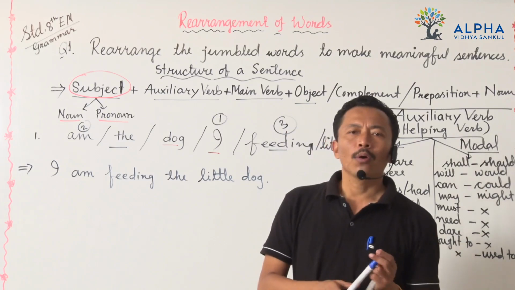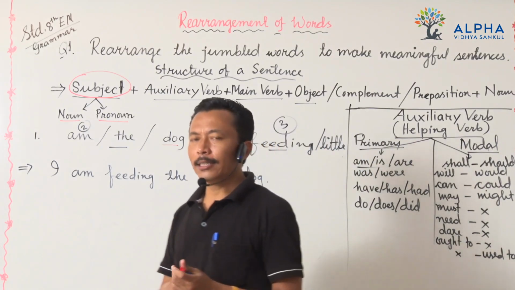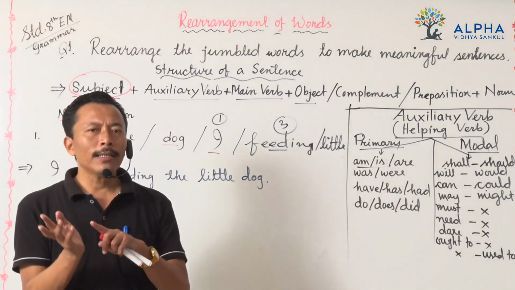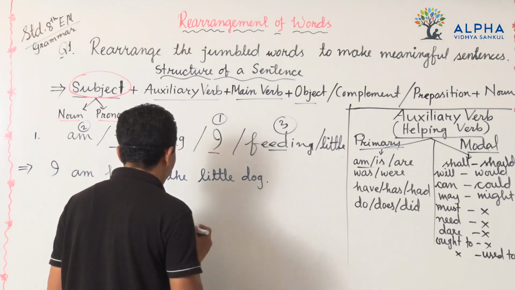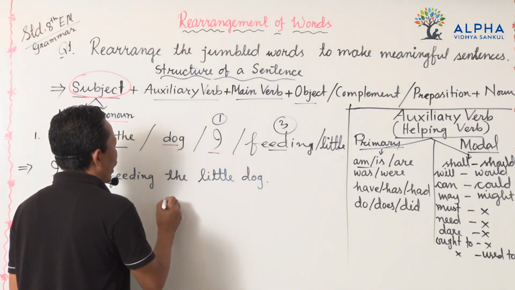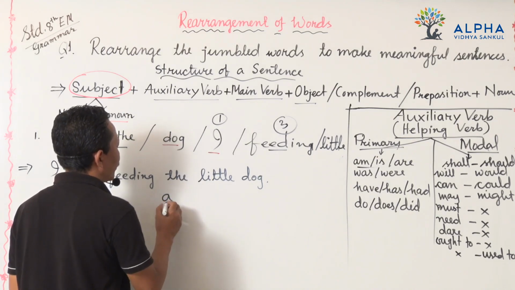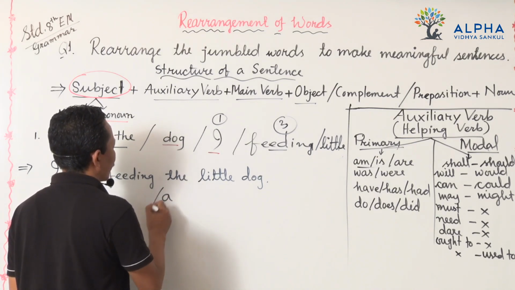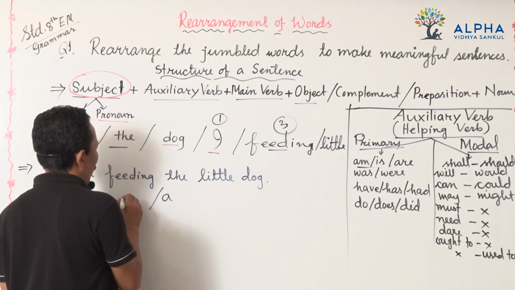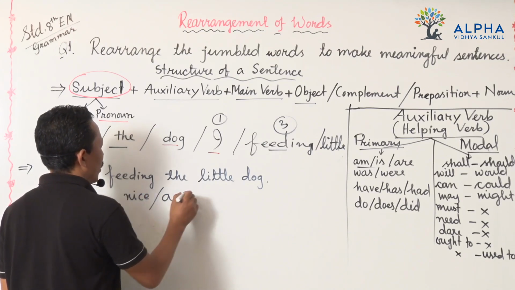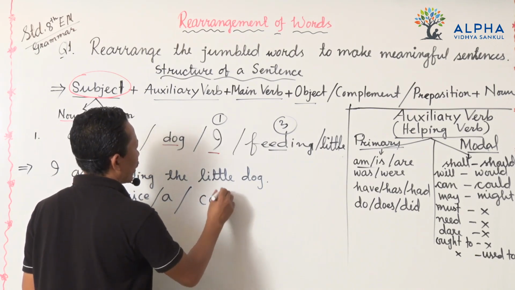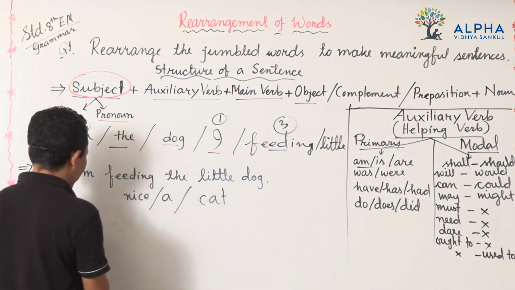Most of the time, if we find the articles a and the, three things, suppose a nice cat. And how can we arrange?